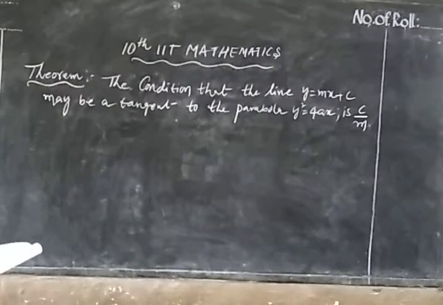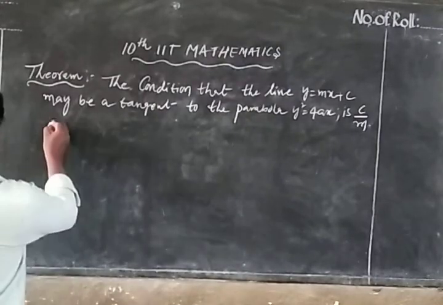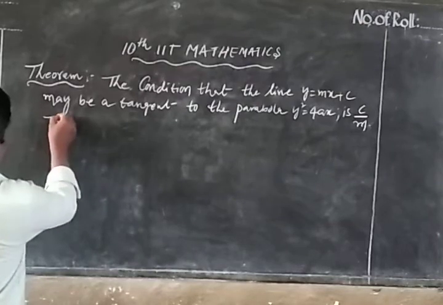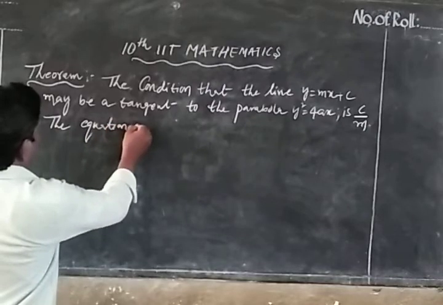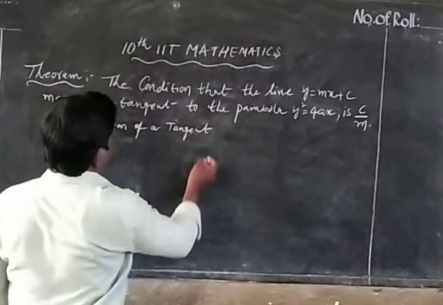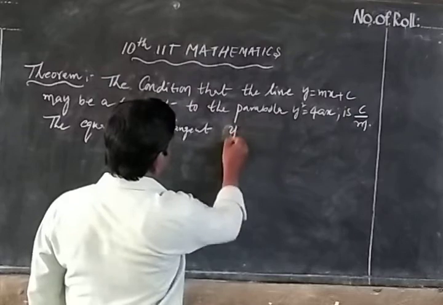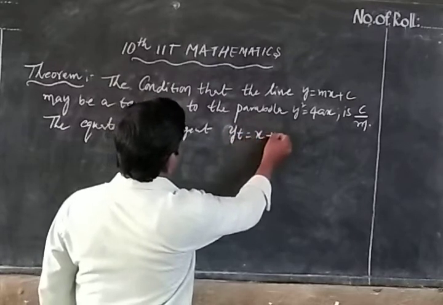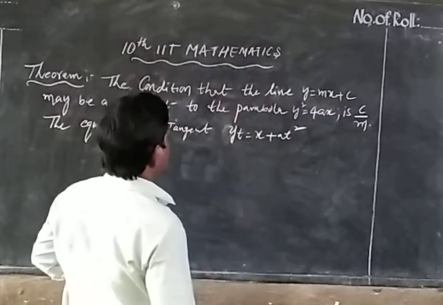Now, the equation of a tangent: yt equal to x plus at square.